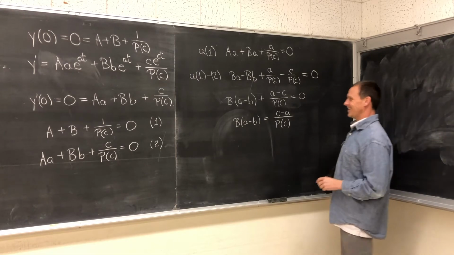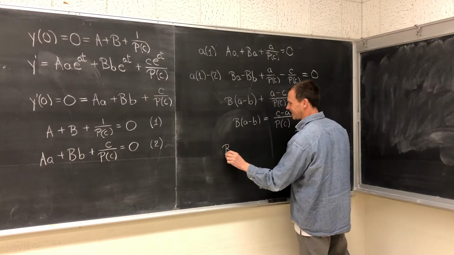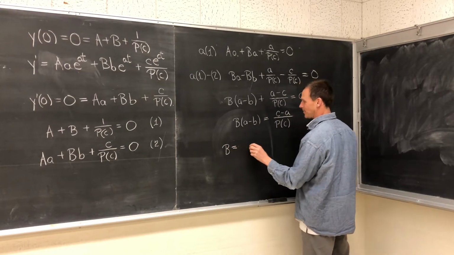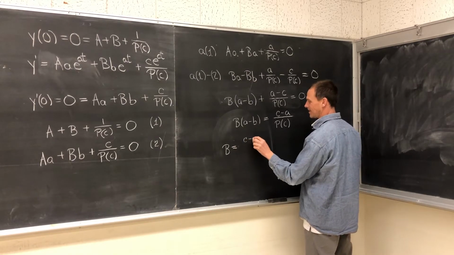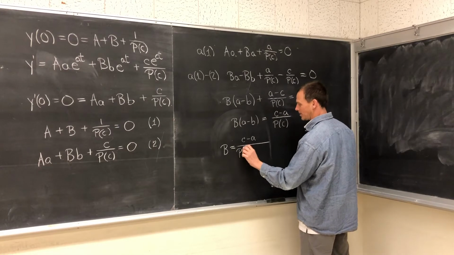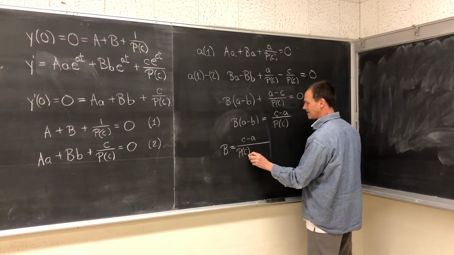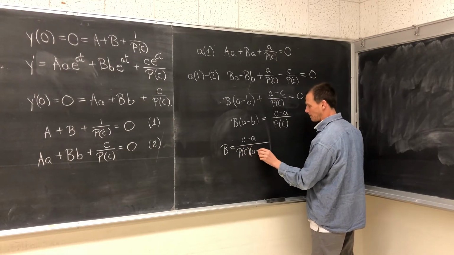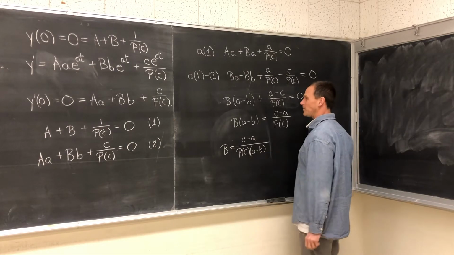Okay. All right. Now I can say b is c minus a over the polynomial of c times a minus b. All right.